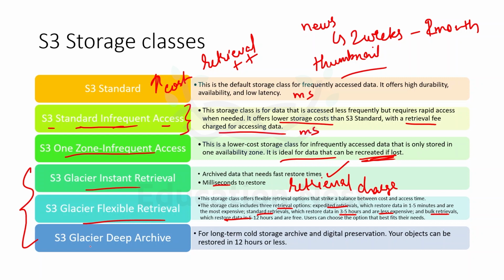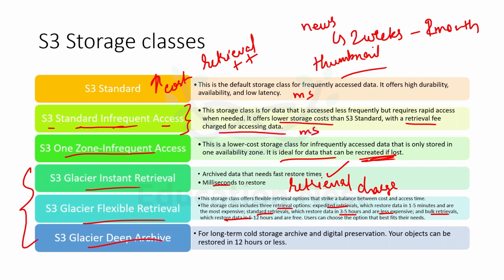Lastly, we have Glacier Deep Archive, which is specifically for archival purposes, where I know my data will not be accessed. If you want long-term cold storage, where data is stored for compliance or government requirements, like property data that should be retained for 3 years, business data for 5 or 7 years, or hospital patient details for 5 years, all of these can be use cases where you just want to store your data for archival purposes.